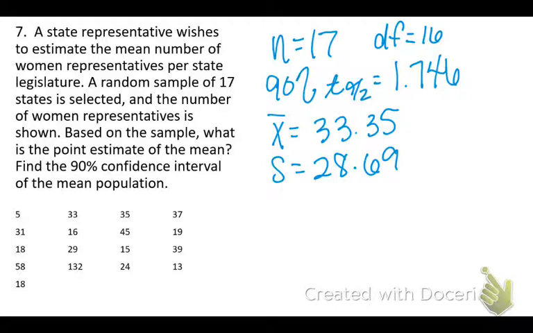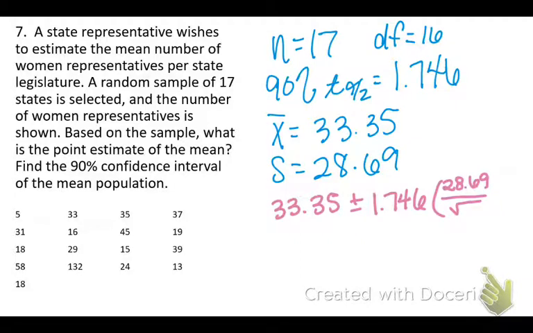And now I can go ahead and work all of this information out. So I'm going to change the color really fast so I can plug it in. 33.35 is our point estimator of the mean, and we'll say plus or minus our t sub alpha over 2, which is 1.746, times our standard deviation of the sample, 28.69, over the square root of our sample size, which is 17.